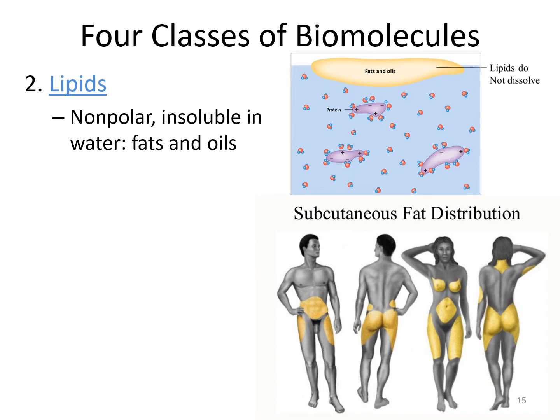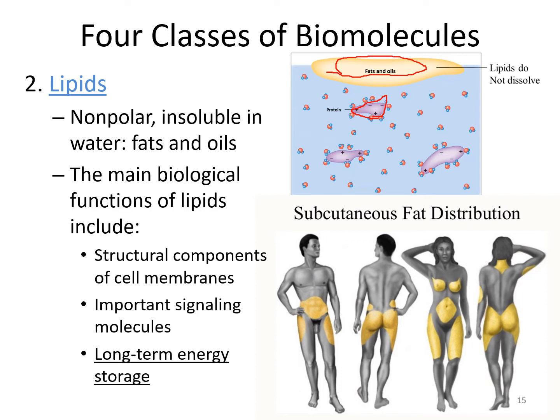Think about the fact that fats and oils separate out automatically from water. Here we can see fats and oils automatically forming a droplet, thus decreasing the surface area exposed to those polar water molecules. On the other hand, proteins and sugars can, of course, easily go into water because they have charged portions of the molecules.